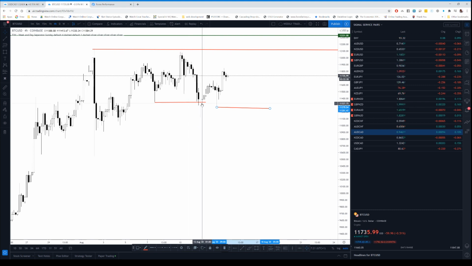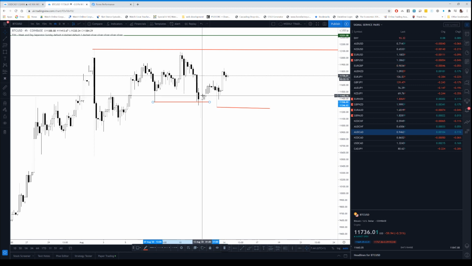If you learn this market structure that I'm teaching you guys, you will find amazing trades. This is an example of a range broken and price come back inside.